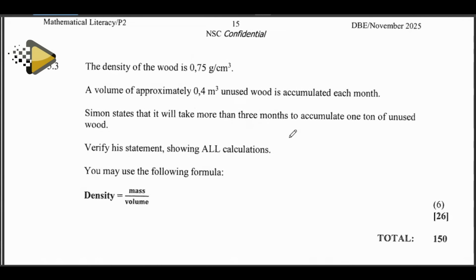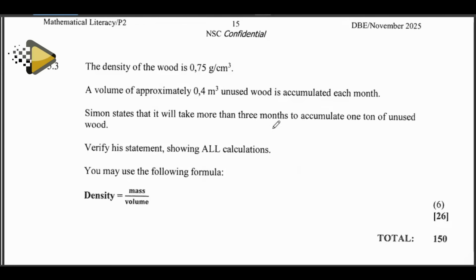Okay, so they are telling us the density of wood is 0.75 grams per centimeter cubed. The volume of approximately 0.4 meters cubed unused wood is accumulated each month. Simon stated that it would be more than 3 months to accumulate 1 ton of unused wood.